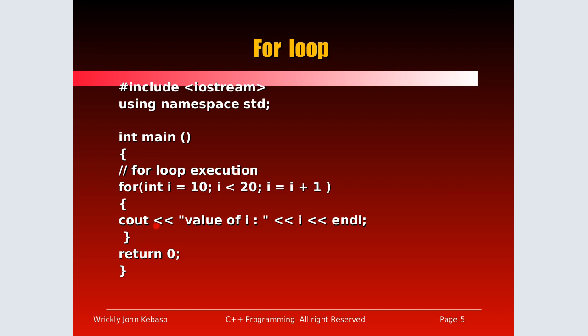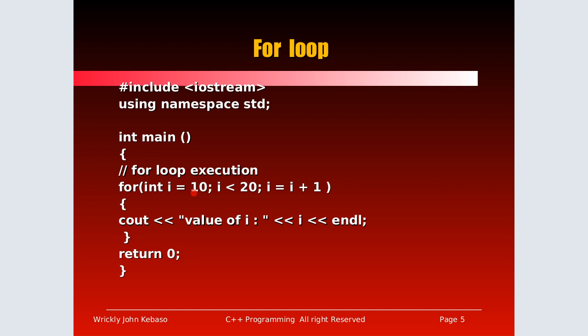You can see we only have one cout, but we can use several insertion operators associated with one keyword cout. Then cout I. I is the variable that is being displayed.